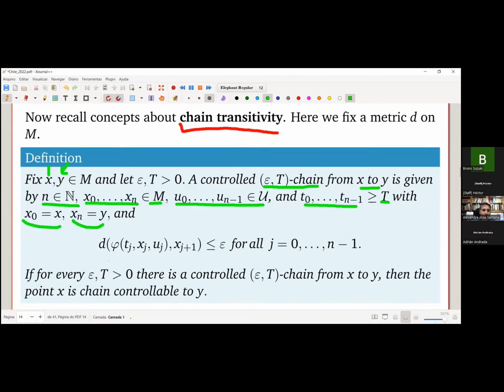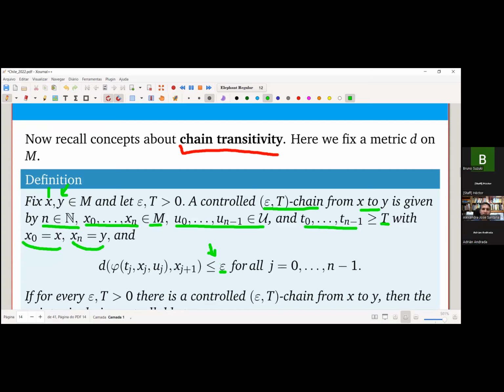And we must satisfy this inequality here: the distance between the previous point and the next one is smaller than or equal to epsilon.